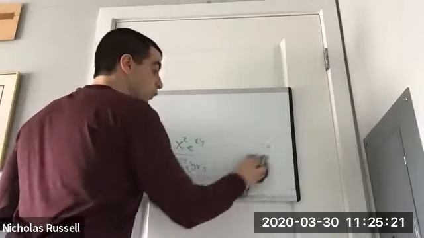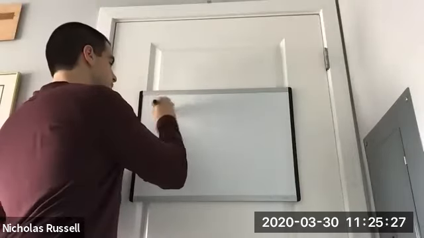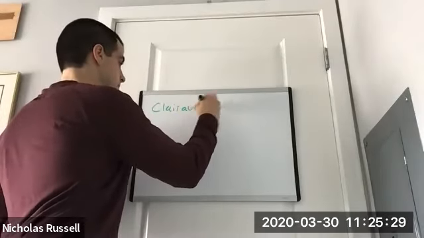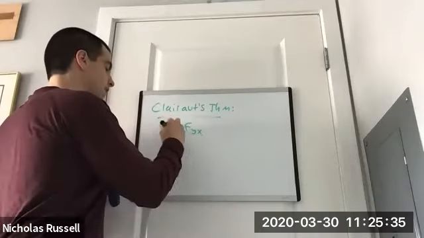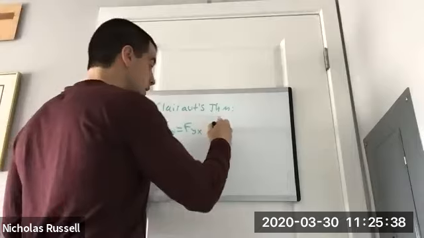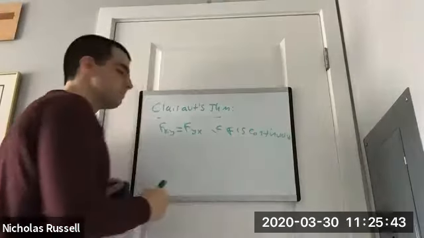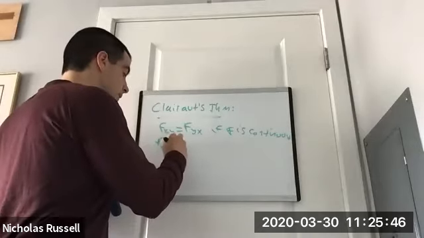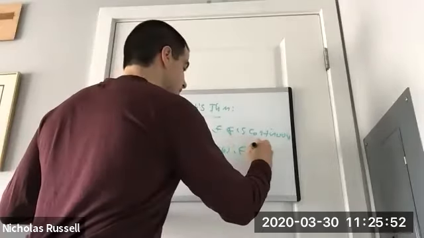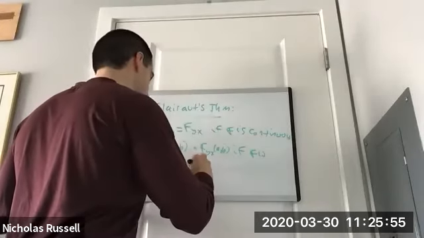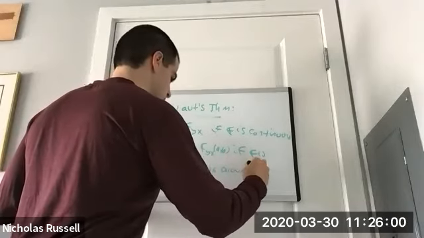The idea, more formally, is that Clairaut's theorem basically says fyx is equal to fxy if f is continuous. More specifically, at a single point, if f is continuous around (a, b).